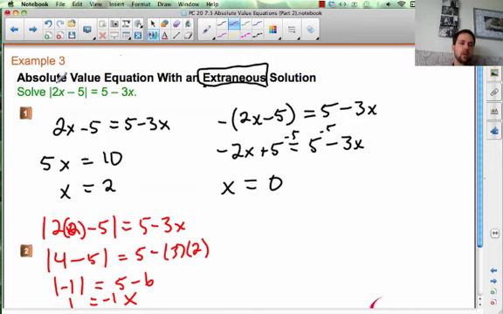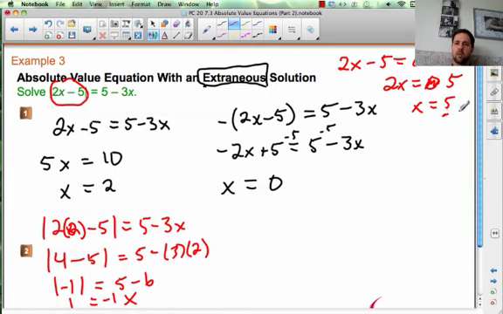Another way to think about it is, if you look at what's inside the absolute value brackets, and we set that equal to 0, this is always the turning point in our graph. So 2x equals 5, x equals 5 halves. So basically, at greater than 5 halves, the inside of the brackets is going to be positive. At less than 5 halves, the inside of the brackets is going to be negative.